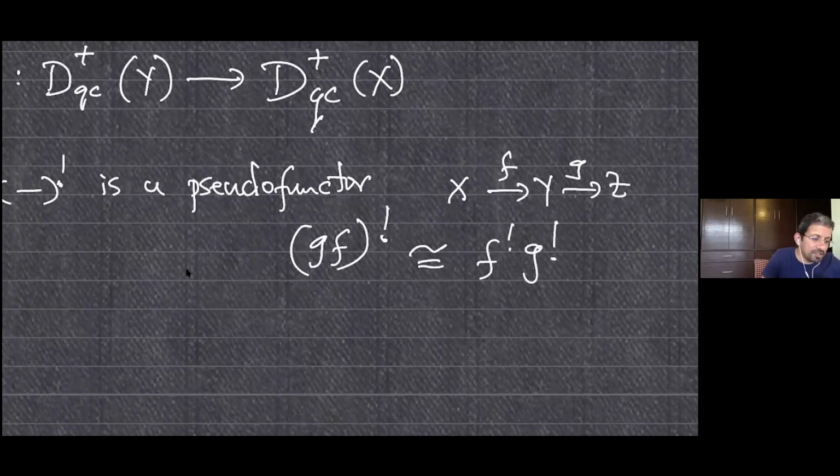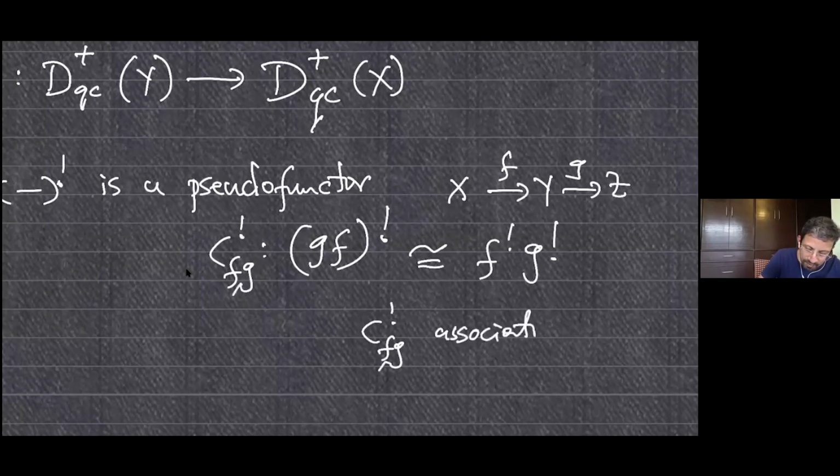But pseudo functor actually is a more elaborate definition. So (gf) shriek is isomorphic to this, and this is c_{f,g}. We'll call it a comparison isomorphism, and this is associative for three maps.